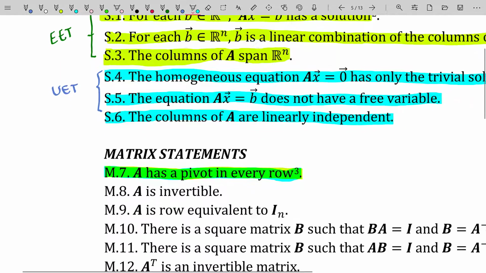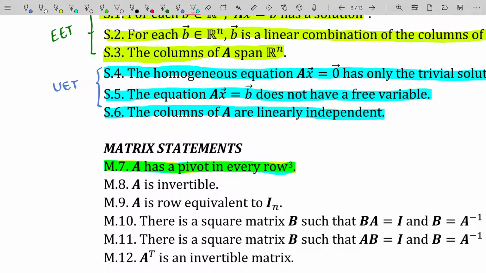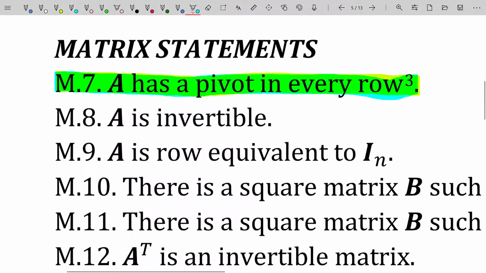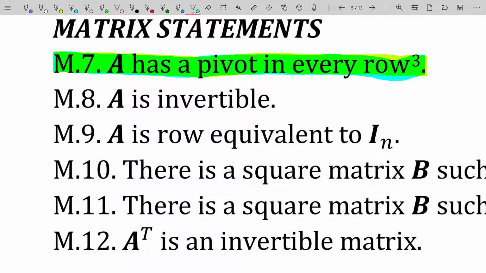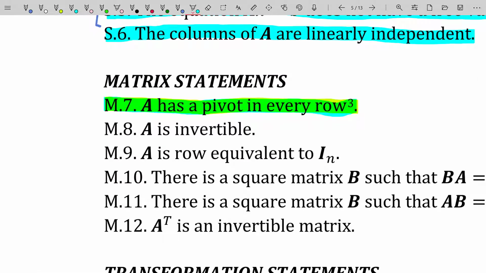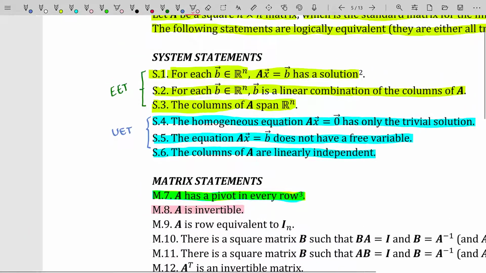Now we're about to get into things that we have not seen in the existence or uniqueness equivalence theorems, because those theorems were given to us well before we had the idea of an inverse. If you notice, most of these remaining statements say something about A being invertible. I will highlight the newer statements in pink. If A is invertible, then all of those previous statements have to be true.